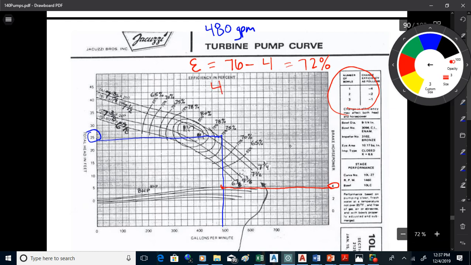And so that comes out to be 4 brake horsepower. So, we all right with that? There's 4 brake horsepower lines and also 4 impeller lines. We're using the top impeller line, so we use the top brake horsepower line. That's good.